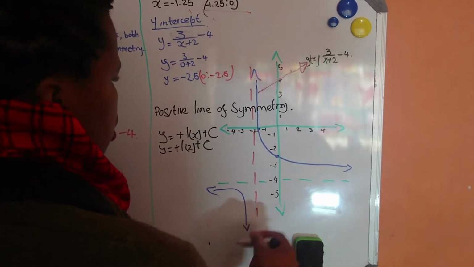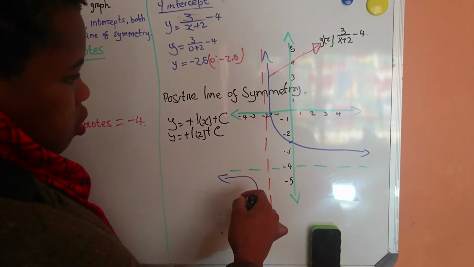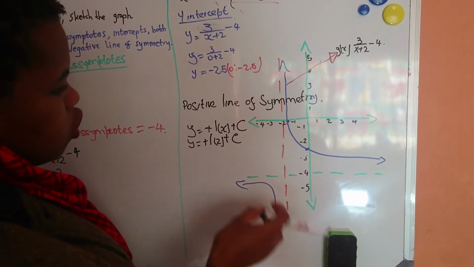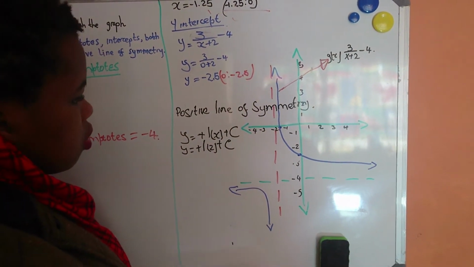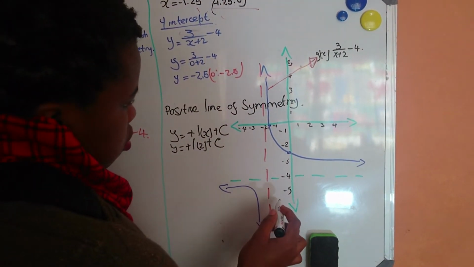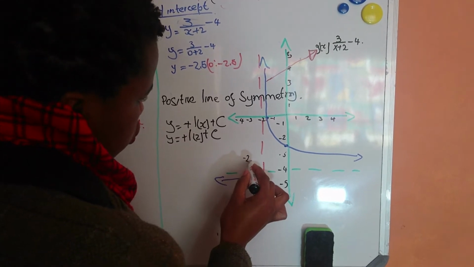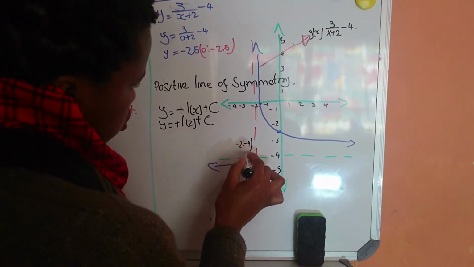Okay. So isymmetry ngoku izawukhetha apha masileline. So ama-sides ama-2 abe equal. So sibhale negative 2, negative 4.